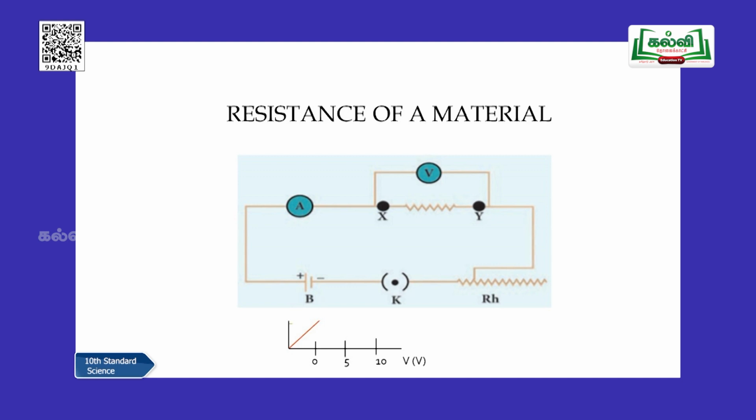So resistance is nothing but the property of a material. It is the property of the material to oppose the flow of charges. When current flows in, each material has a property that opposes the flow of charge. That property is the resistance of the material.